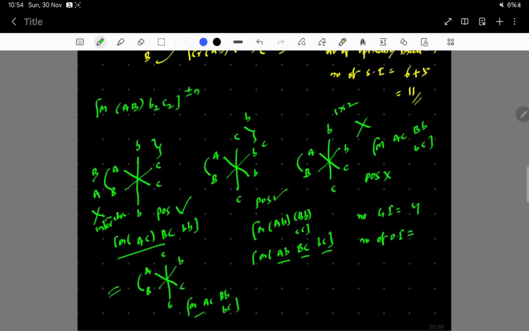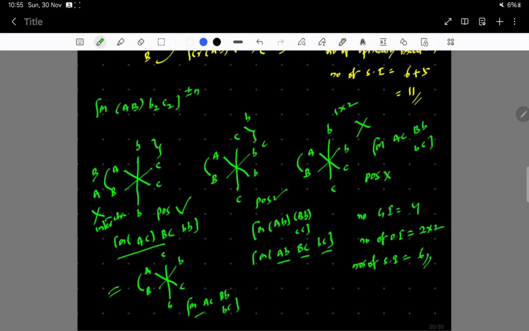So then the total number of possible optical isomers is equal to 2 into 2. So then the number of stereoisomers is equal to 6, that is the right answer, student. You can cross verify, student.